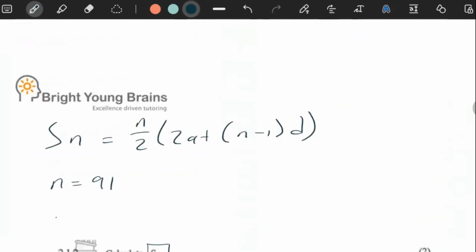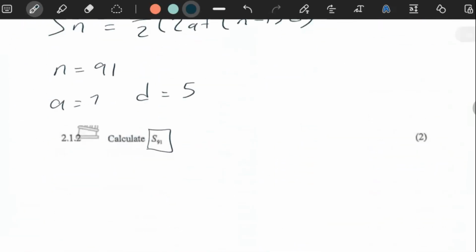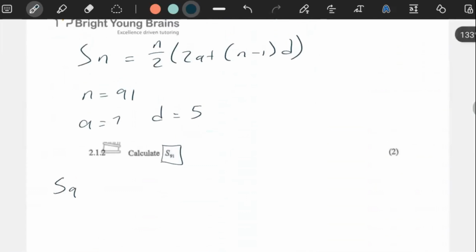So our a value is 7. Common difference is 5. Let's put all that into the formula. So S91, n is equal to 91, a is equal to 7, d is equal to 5.